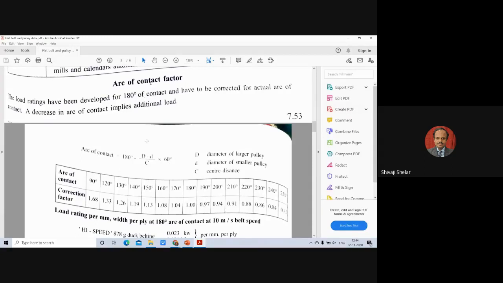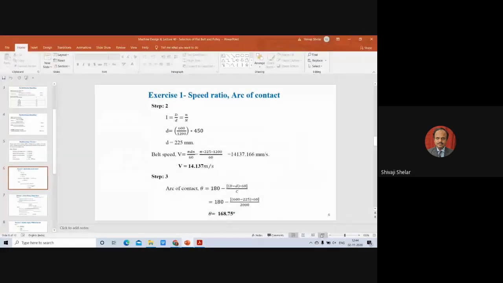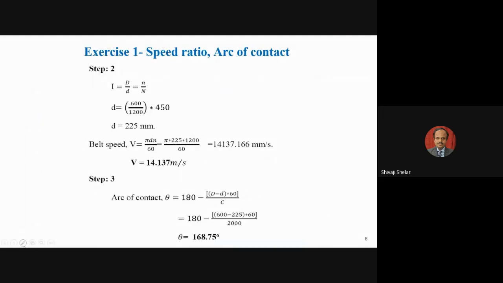So this arc of contact angle for open drive will be D minus d upon C. We already know the center distance is given, so we can calculate this arc of contact angle in the design calculation here. So we have 180 degree minus D minus d upon C into 60.